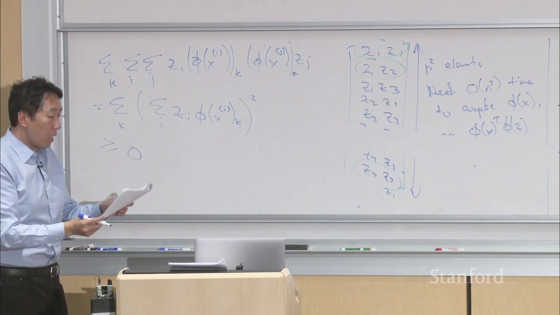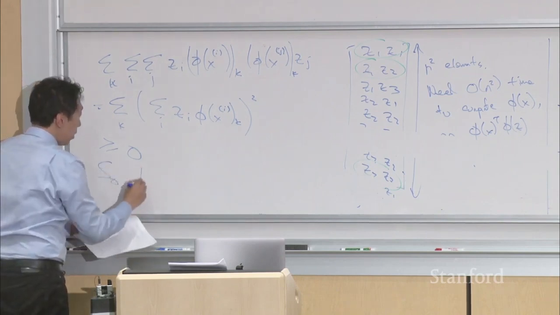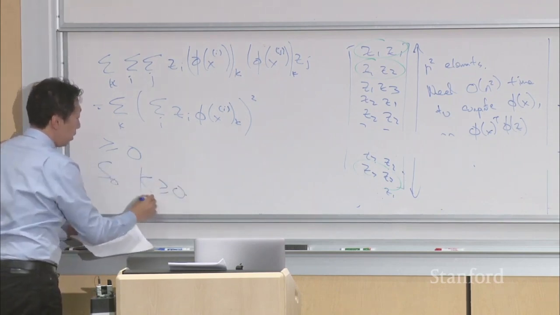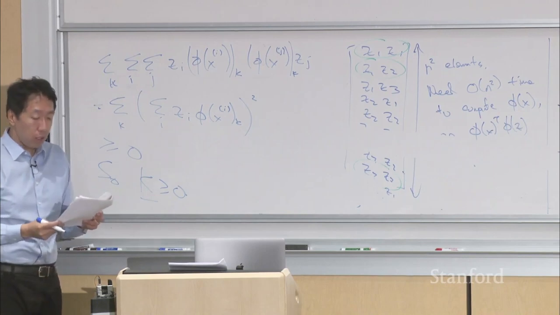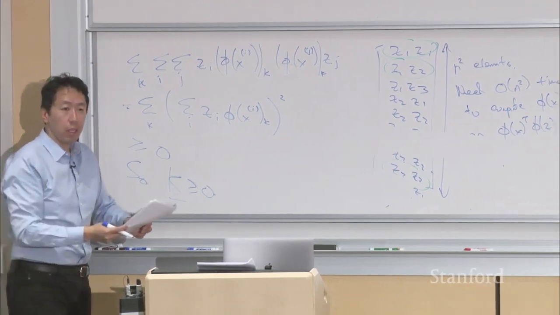Right? And so this proves that the matrix K, the kernel matrix K, is positive semi-definite. Okay?